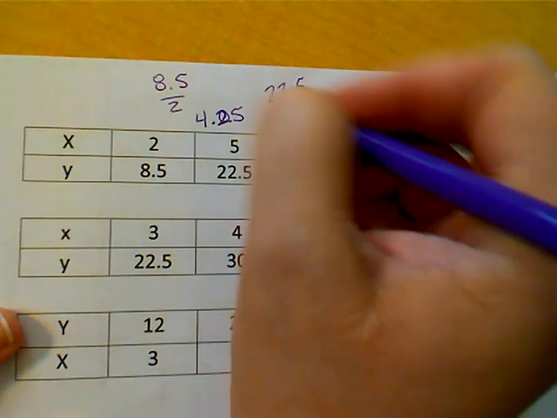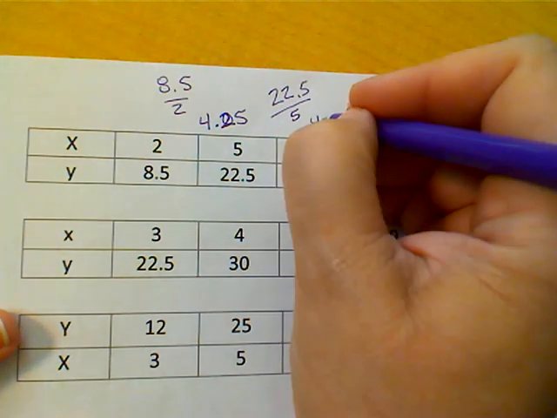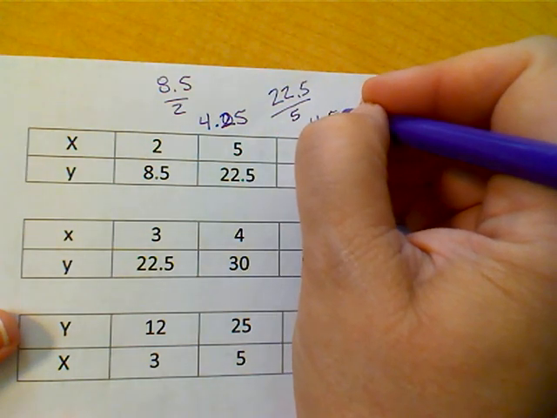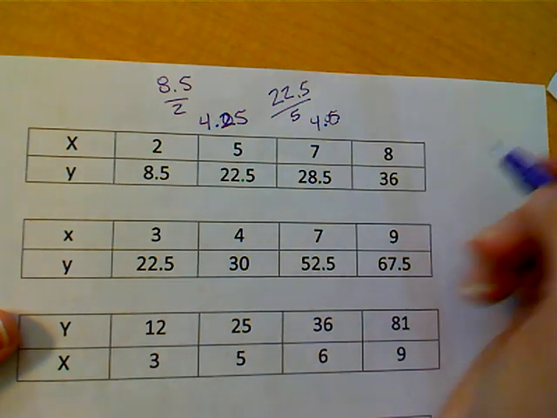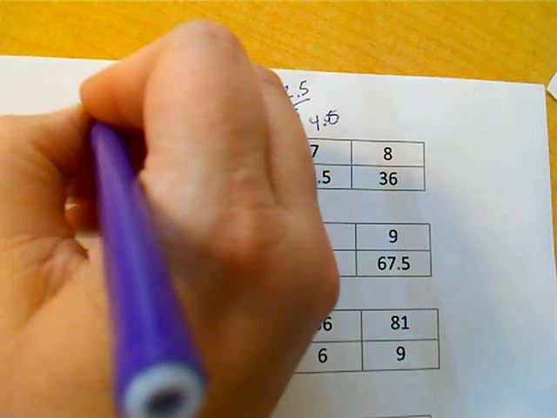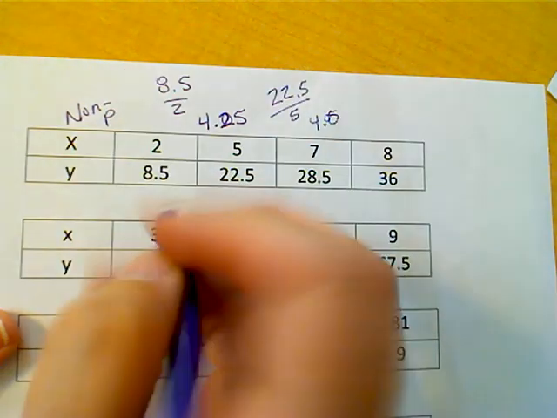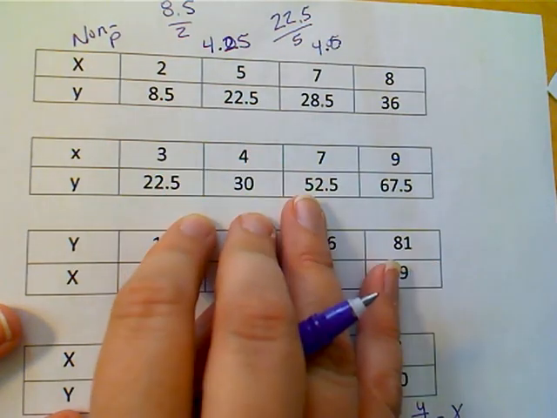All right, so 5 will go into 22 4 times, leaving me with 2. So these two do not match. That tells me it's non-proportional. And that tells me I can stop. As soon as I get 2 that don't match, I'm good to go. I'm good to stop there.